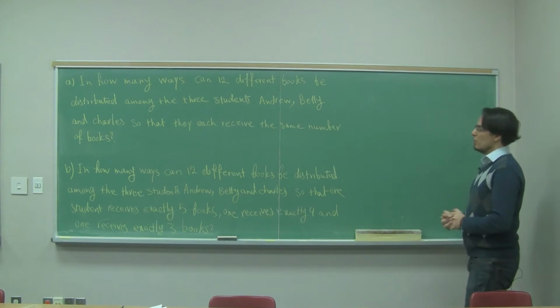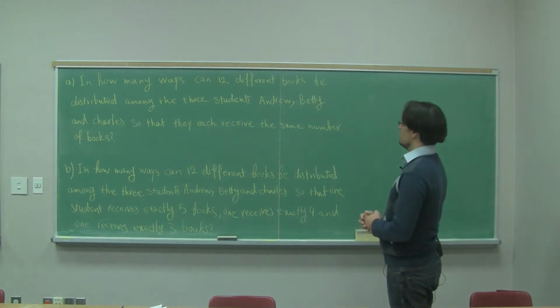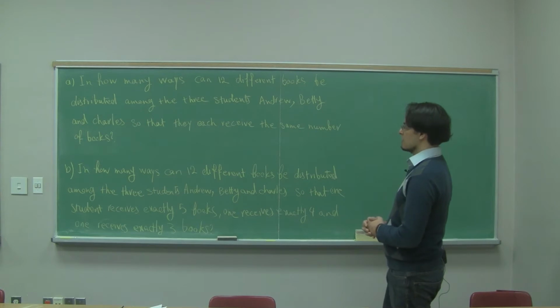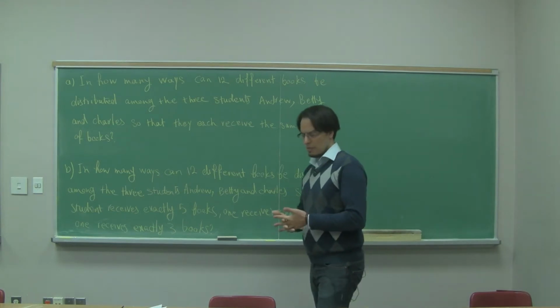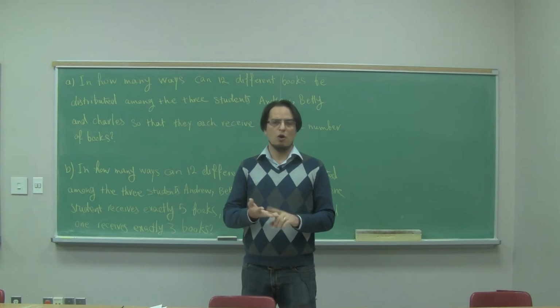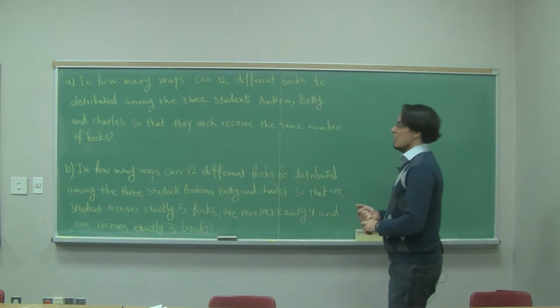The problem has two parts. Part A says, in how many ways can 12 different books be distributed among the 3 students, Andrew, Betty, and Charles, such that they each receive the same number of books, meaning that each one will receive 4 books.